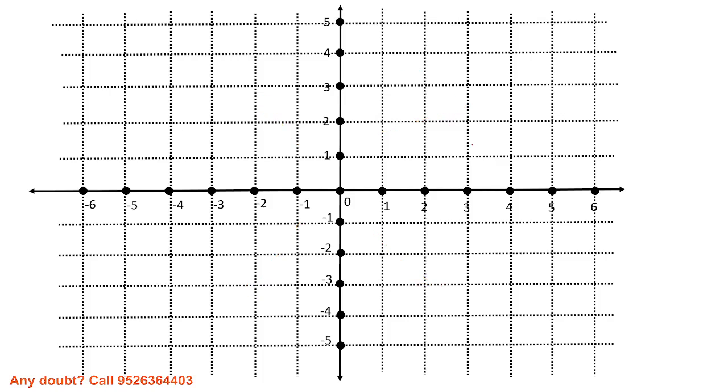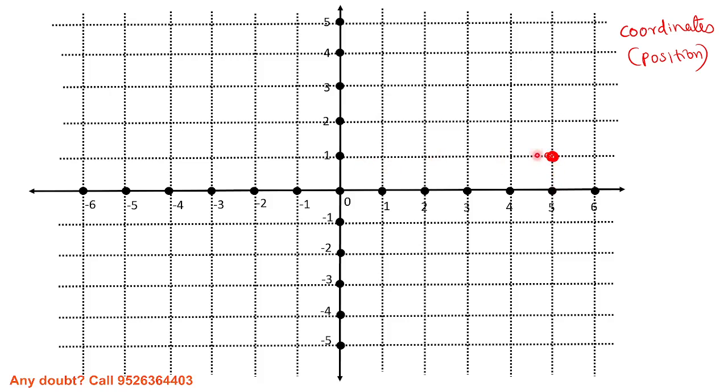For example, suppose a person is standing here. What is his position? Another name for position is coordinates. Coordinates is another term representing position. So in a question they will ask you to find the coordinates of the point, the position of the point.